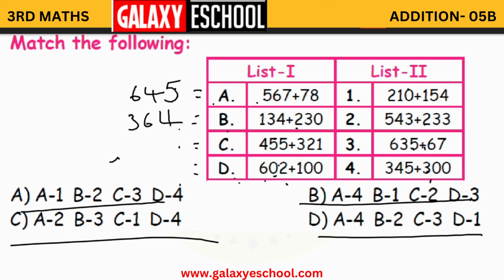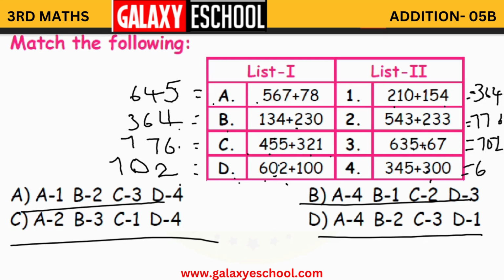Now D becomes 702 and option C becomes 776. Okay. Now again for list 2 also write the answers here. This becomes 364. This becomes 776. 3 becomes 702. 4 becomes 645. Yes, 645.